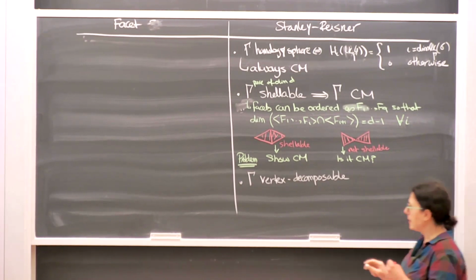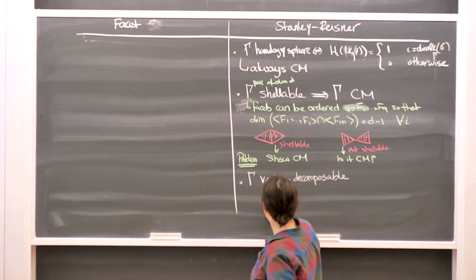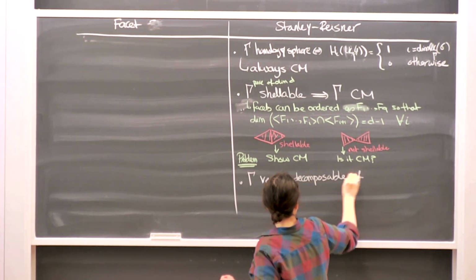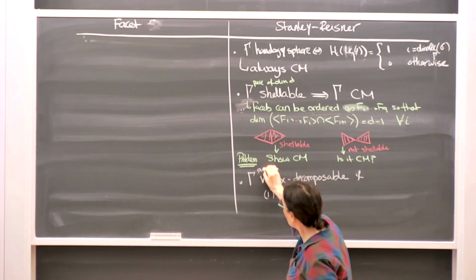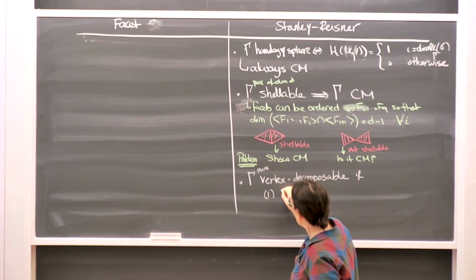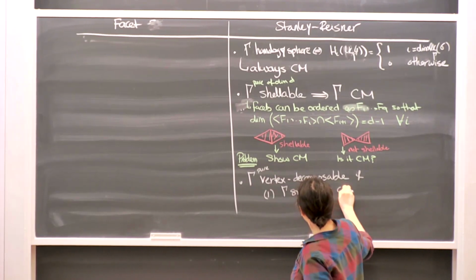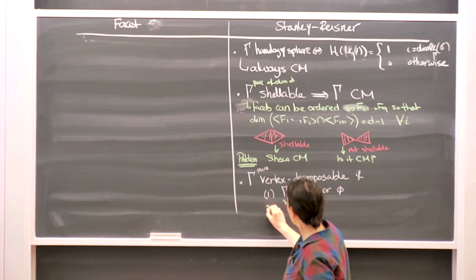It's a two-step definition. One, again, we assume pure, we're always assuming pure, so either gamma is a simplex or the empty complex.